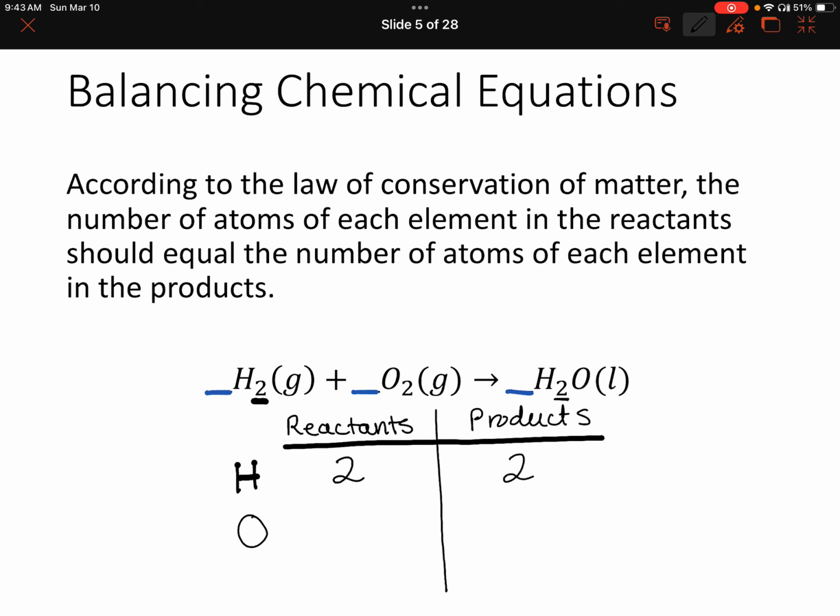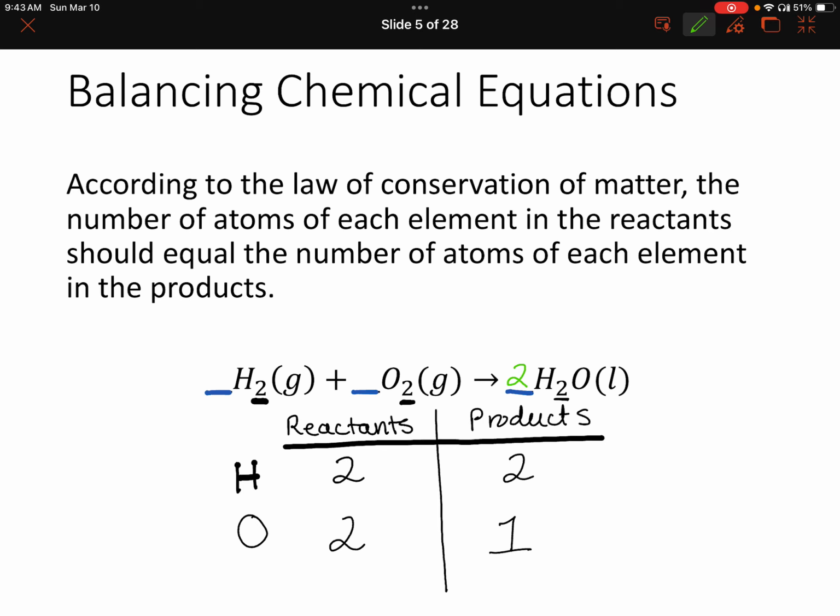Let's look at oxygen. So I have 2 oxygens in the reactants, and I only have 1 oxygen in the product. It doesn't have a subscript next to oxygen, so that tells me I only have 1 oxygen in the products. All right, so it looks like oxygen is not balanced. But I can very easily balance oxygen in the products by multiplying this entire H2O molecule by 2.